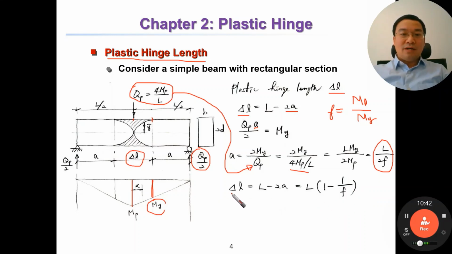So again, delta L, the length of the plastic hinge, is a function of the length of the beam and the shape of the section.